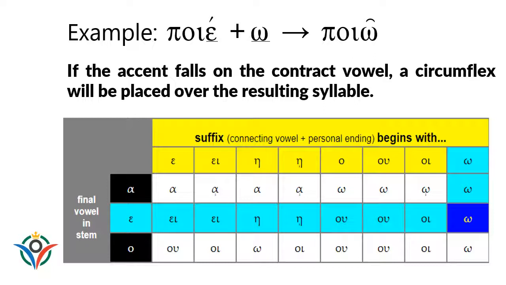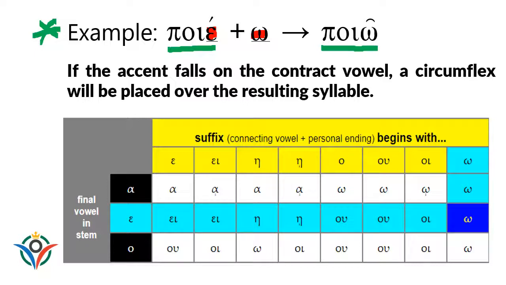So here's an example using the verb poie. So we see there that the contract vowel is an epsilon, and it meets an o-type vowel in its long form, the omega, and you then end up with poio.